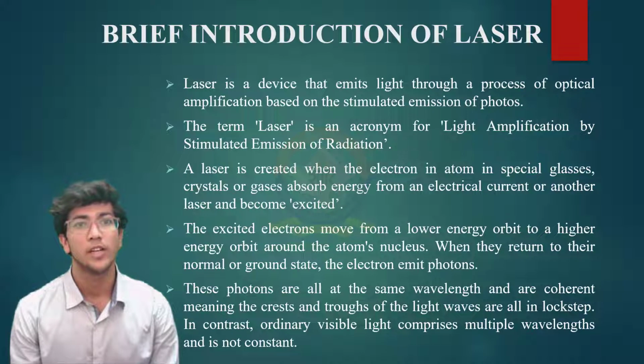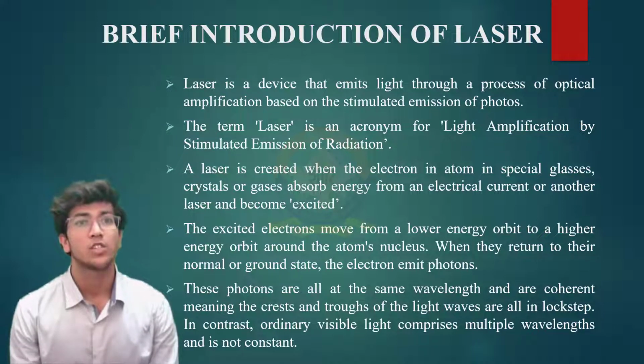Now let's take a look at a brief introduction of laser. Laser is a device that emits light through a process of optical amplification based on the stimulated emission of photons. The term laser is an acronym for light amplification by stimulated emission of radiation. A laser is created when the electron in an atom in special glasses, crystals or gas absorbs energy from an electrical current or another laser and becomes excited.